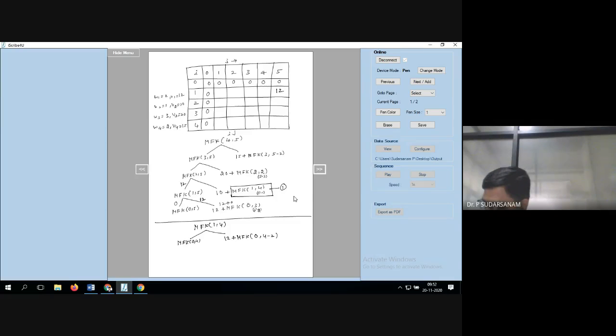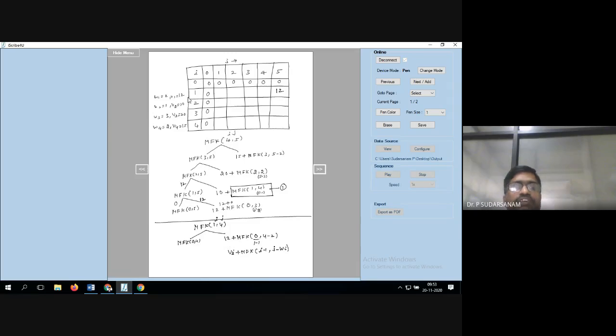Even this also, if you want, 1 minus 1. This is I, this is j. So I'll write the formula: V of I plus MFK of I minus 1 comma j minus w of I. If you write like this, you will not have any problem.